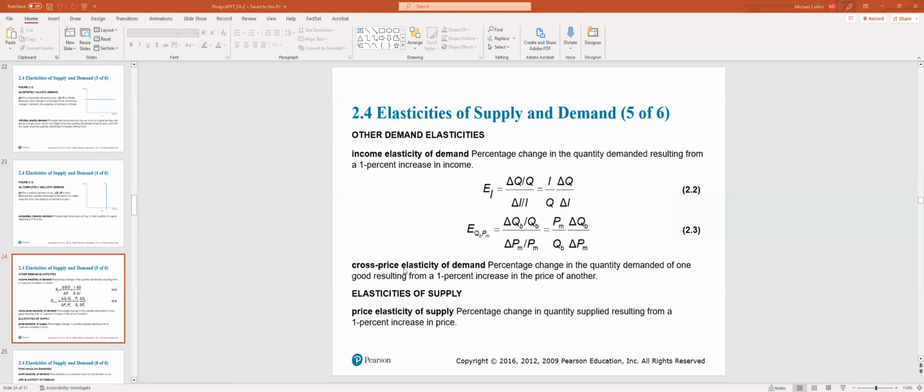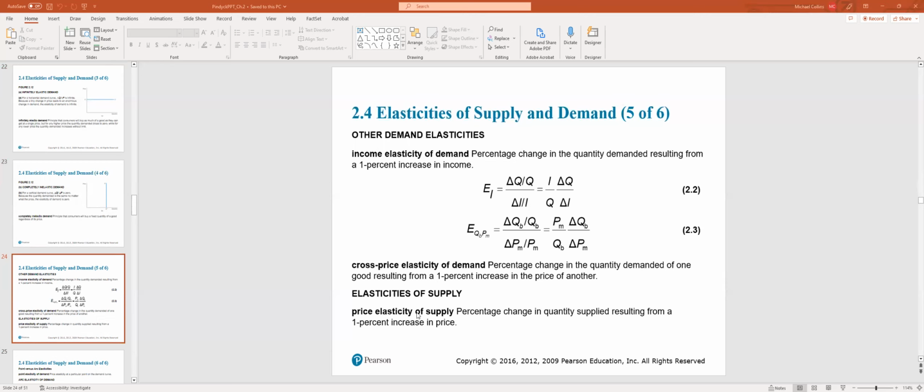There's also cross elasticity of demand: the percent change in the quantity demanded of one good resulting from a percent change in the price of another. So cross elasticity would be related to things like a 20% change in the price of hamburger meat changing the quantity of hamburger buns by what percentage?